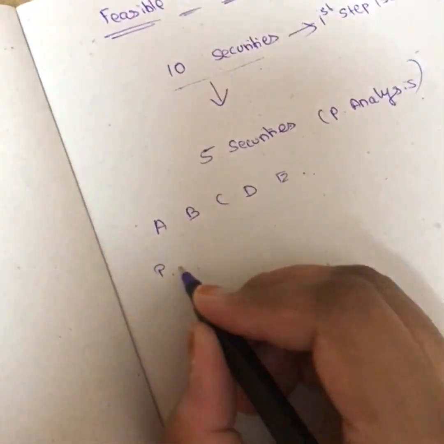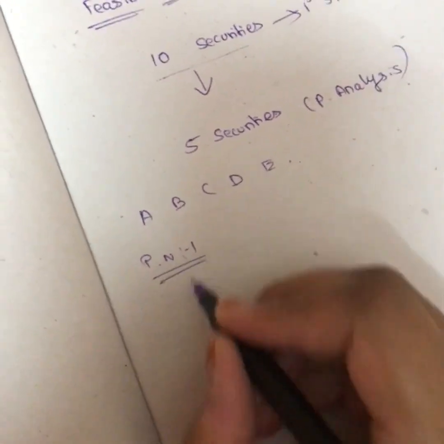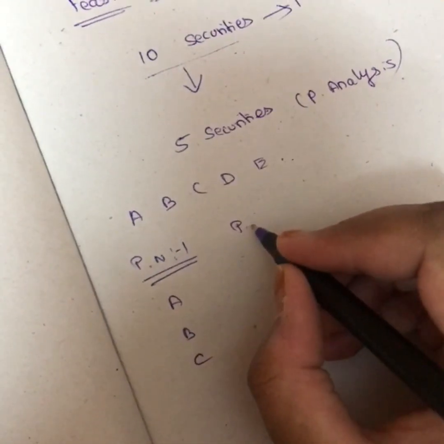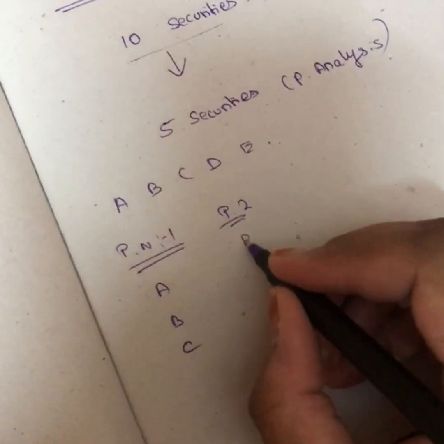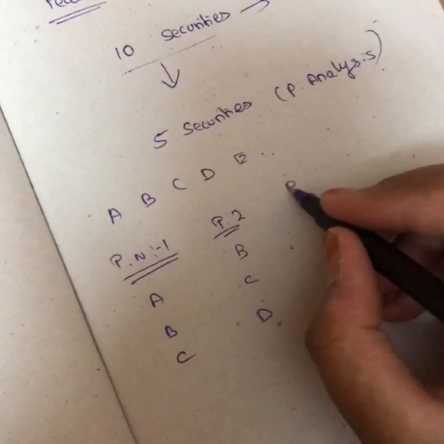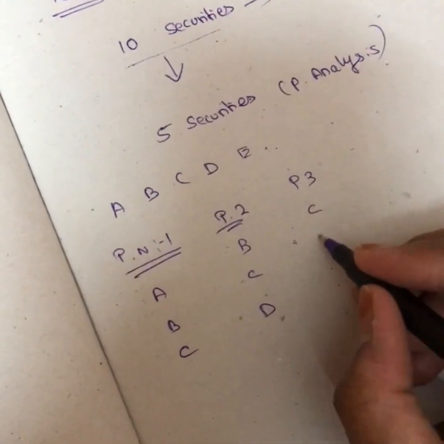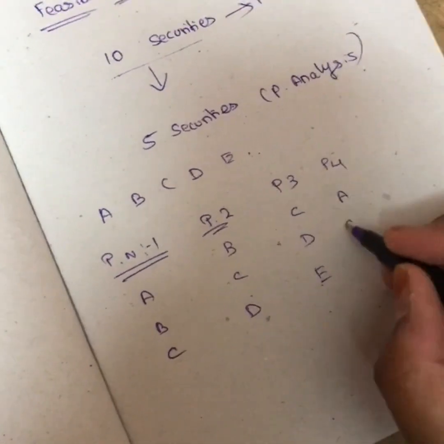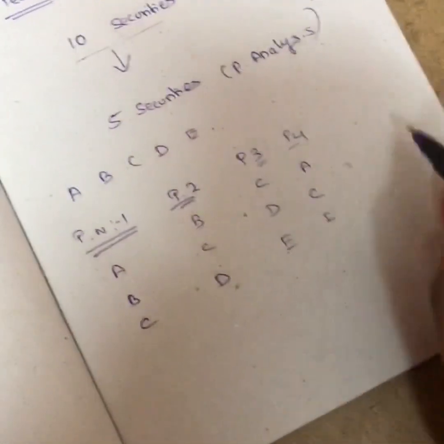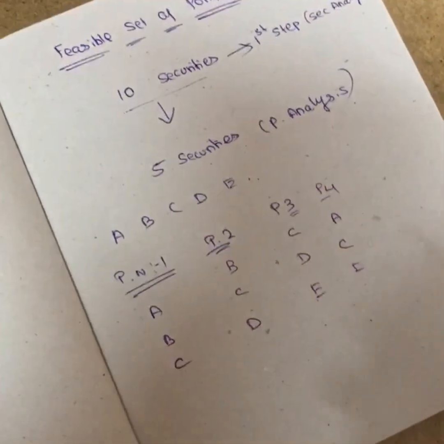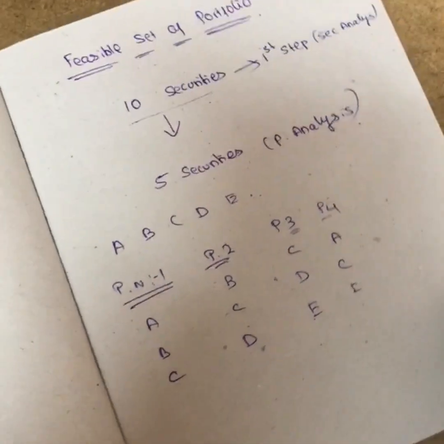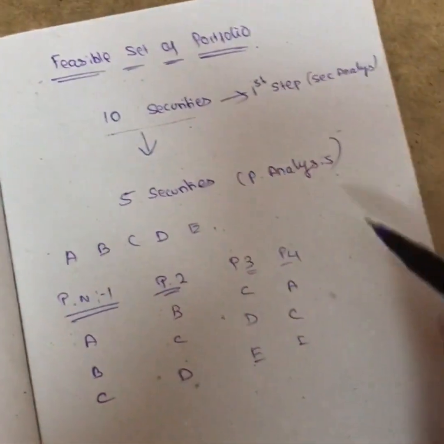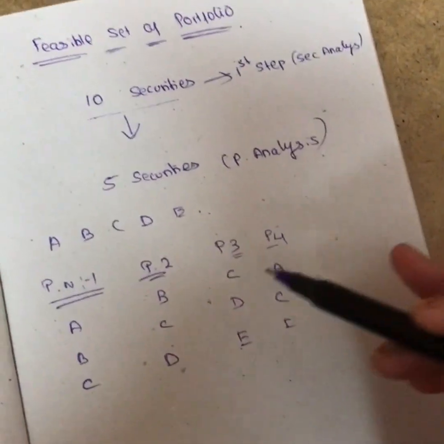My portfolio 1, I can keep only A, B and C. Portfolio 2, I can keep B, C and D. Portfolio 3, I can keep C, D and E. Another portfolio, I can keep A, C and E. So it goes on, and I can create n number of portfolios. That is what we call the feasible set of portfolios. These are the possible set of portfolios.